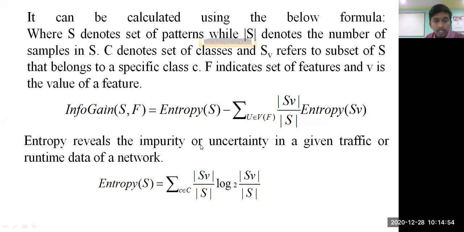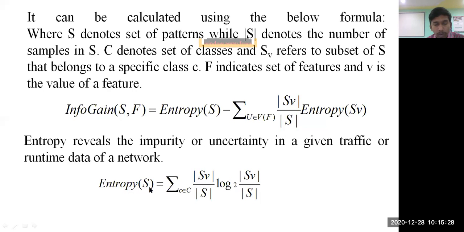Okay, so these are the mathematical representations of information gain and entropy. As I said, entropy reveals the impurity or uncertainty in a given traffic or runtime data of a network. In chapter 3, we talked about uncertainty measures, and there we saw what uncertainty is. If you want to know how much uncertainty is available in your data or in given data points, you need to compute entropy. Here we have missed a minus symbol.